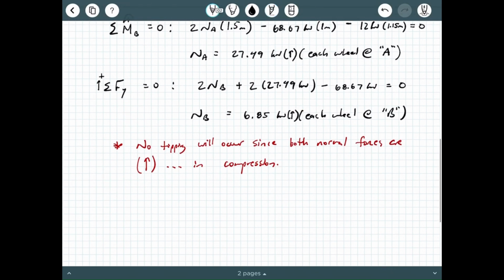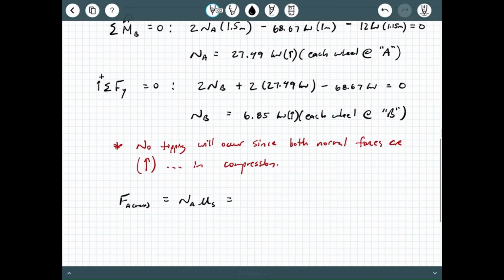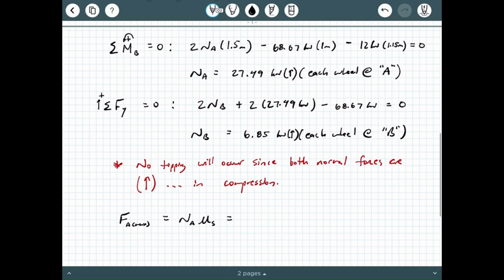Now, what about sliding? That's the real question. So we need to follow a similar process that we did in the previous example with just the box on a flat surface. We're going to say F_A max is going to be N_A times the coefficient of static friction, all right, mu sub s times N. And so our mu sub s, what was that, 0.38?